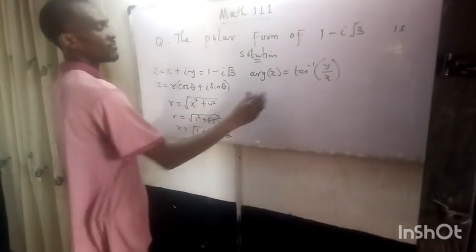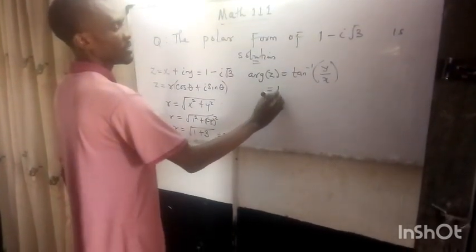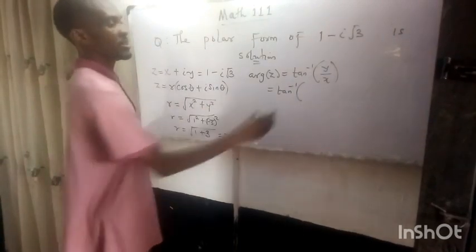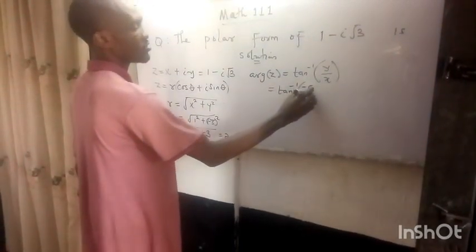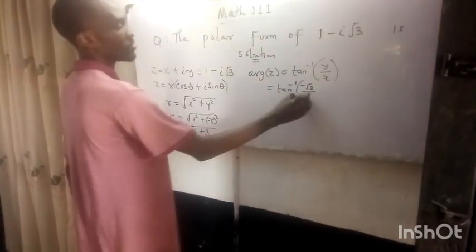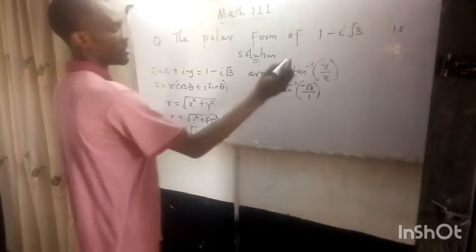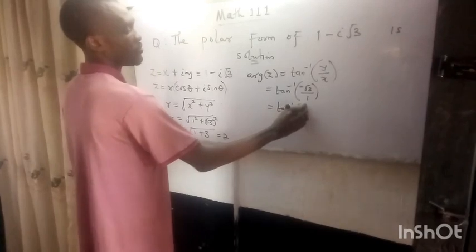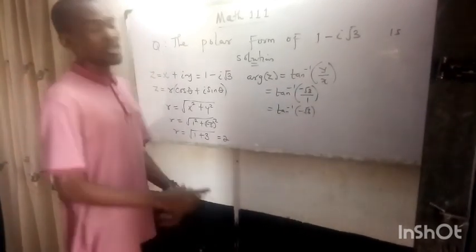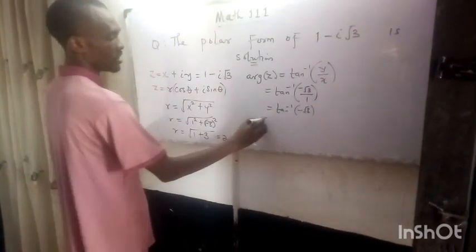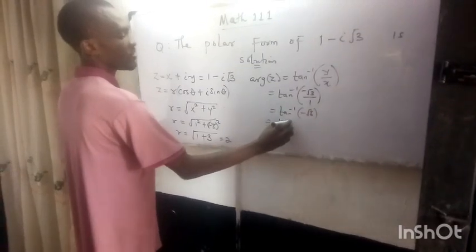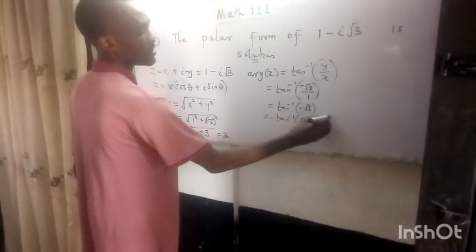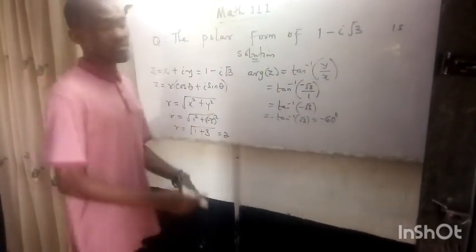So we have tan inverse of, what is our y? Minus root 3 over what? 1. So this is tan inverse of minus root 3, which is the same thing as saying minus tan inverse of root 3, which is minus 60 degree.